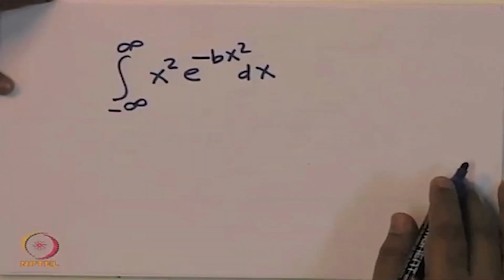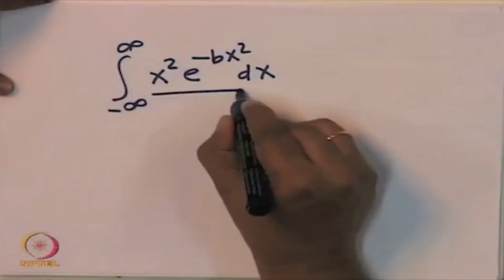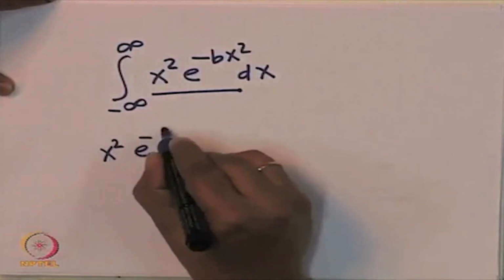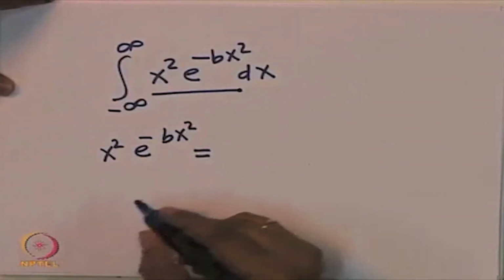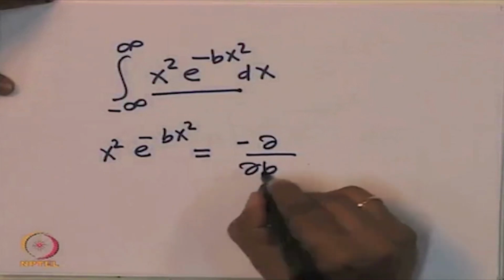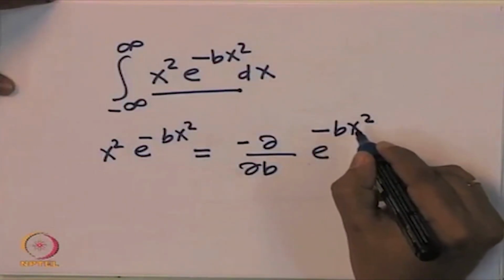To do this, we do a standard trick, which is we can write this particular function x square e power minus b x square as minus del by del b of e power minus b x square.